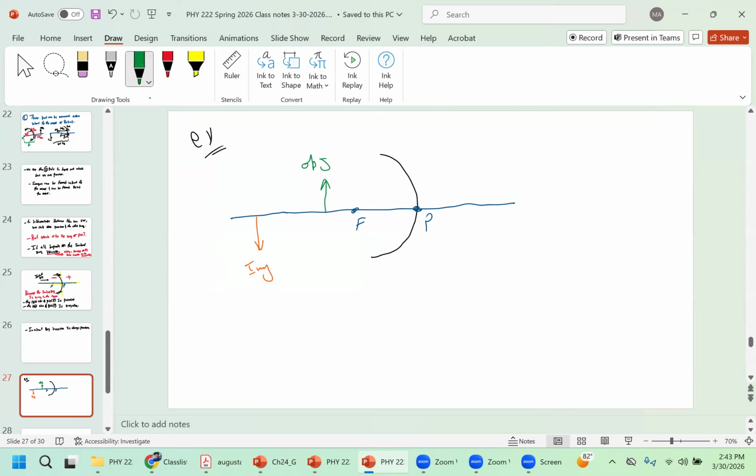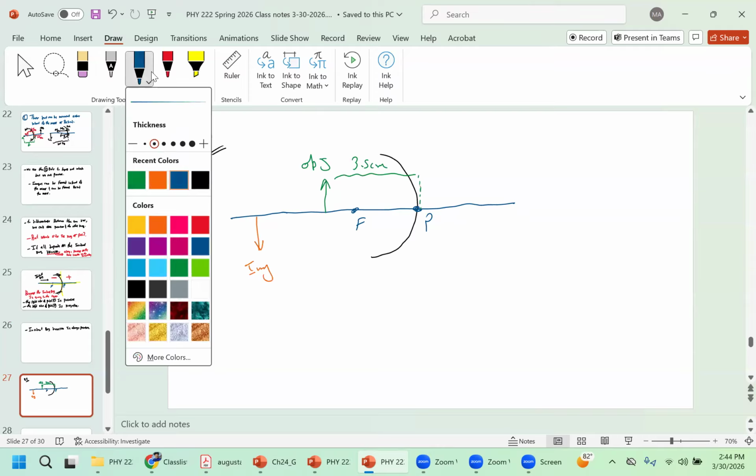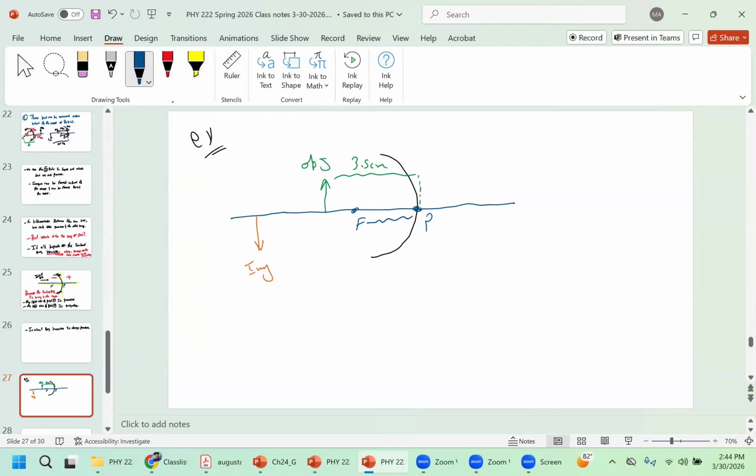The first one, you got the distance of the object from the pole. So here's your pole. The distance to the pole is, let's say, 3.5 centimeters. The distance to the focal point is 2 centimeters. And let's say the distance to this little fellow over here, the image, is 5 centimeters.